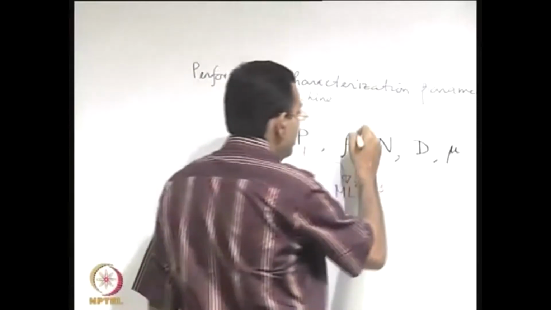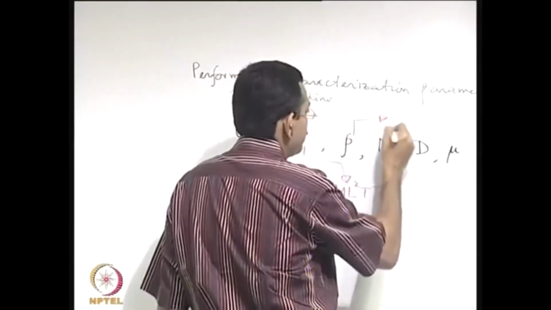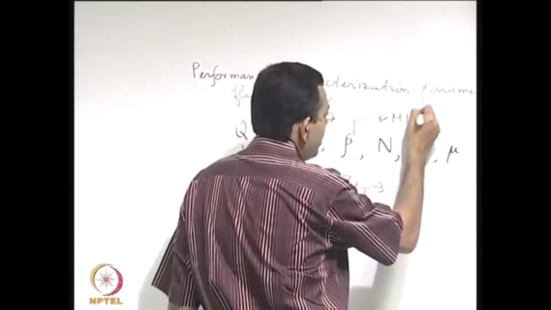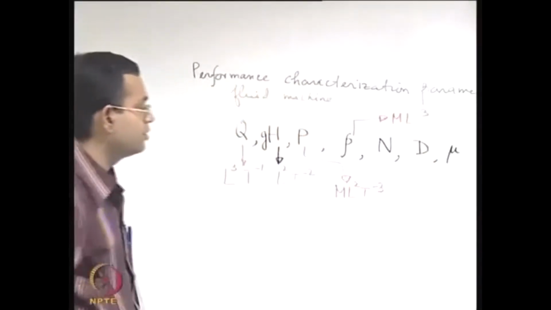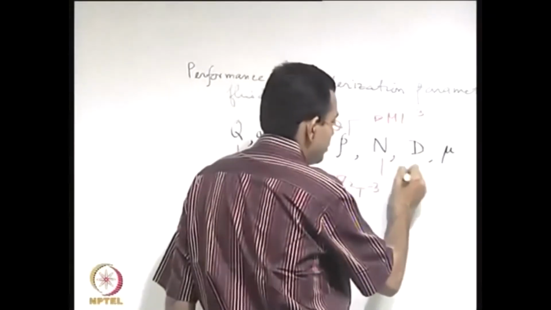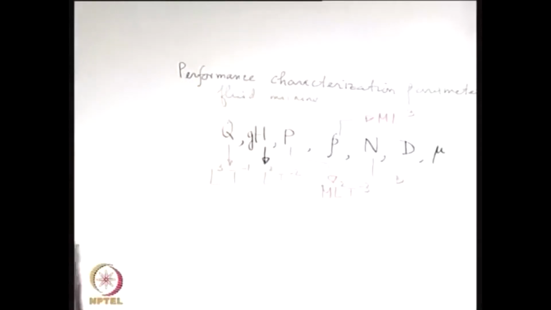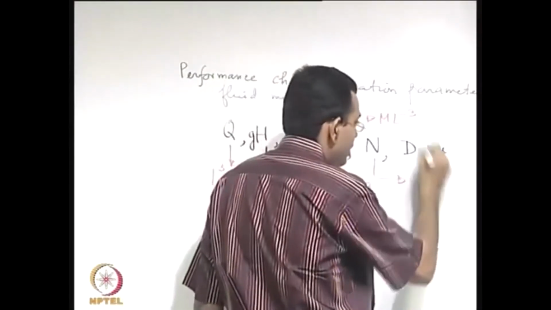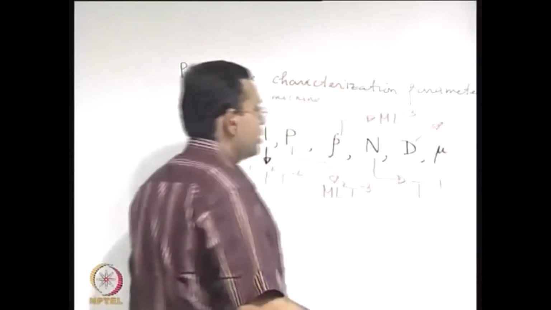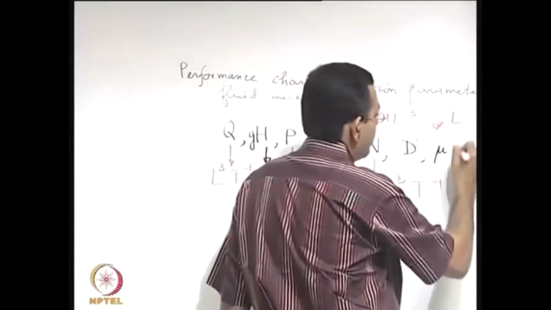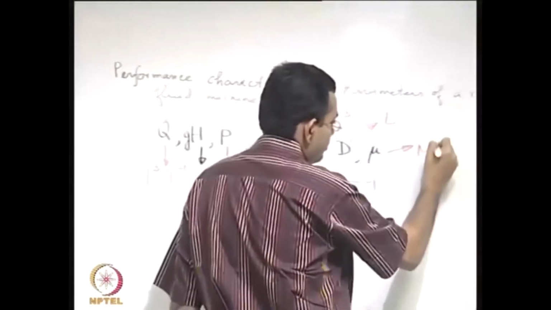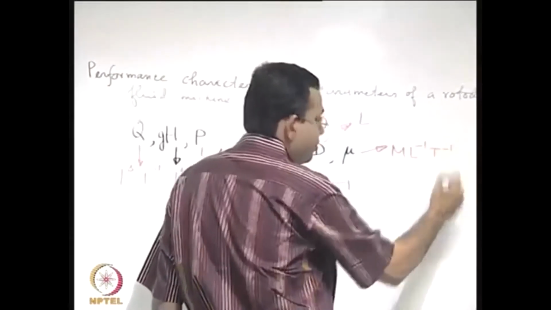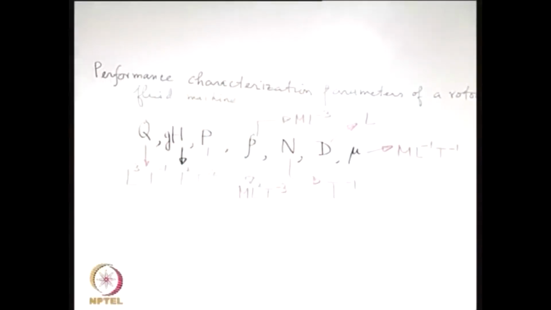Then density, kg per meter cube, that is M L to the power minus 3. N, yes, T to the power minus 1, right. Then D, L. Viscosity, M L to the power minus 1 T to the power minus 1.